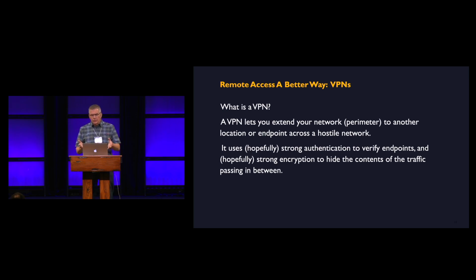So a VPN lets you extend your network perimeter to another location, across a hostile network. I think we would all agree the internet's a very hostile network. It uses, hopefully, some strong authentication to verify endpoints. And that's actually really important. I'm going to drill into that in a minute. And hopefully strong encryption to hide the traffic going from you or the one location to the other. So that's what a virtual private network is, okay?